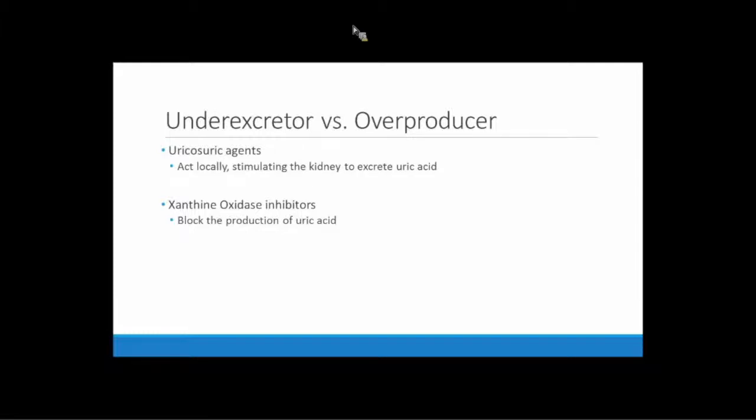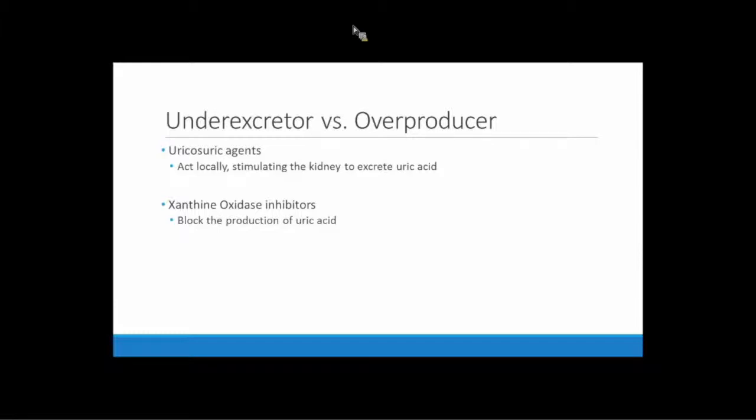But if it's a young person who has normal renal function, and you're looking at this guy and you're thinking, I'm going to put him on allopurinol for 60 years, really? Allopurinol is a great drug, but the side effects can come back to bite you decades later.